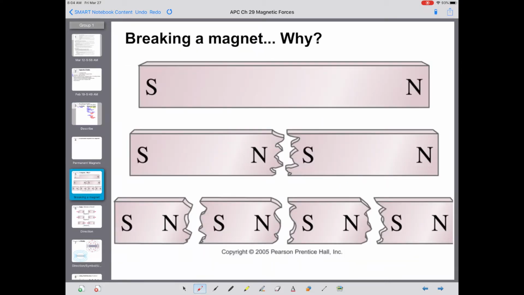Now, if we think about a magnet, on the most fundamental level, we have an atom here. I'm just going to draw a circle with an A in it. And this atom, if there is inherent motion, will produce a magnetic field.